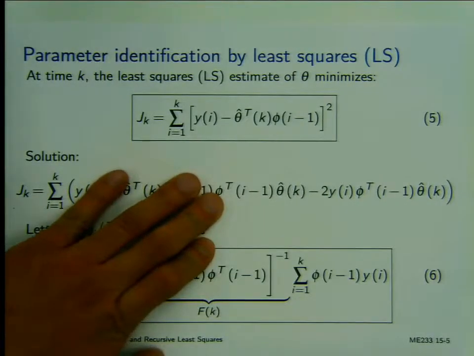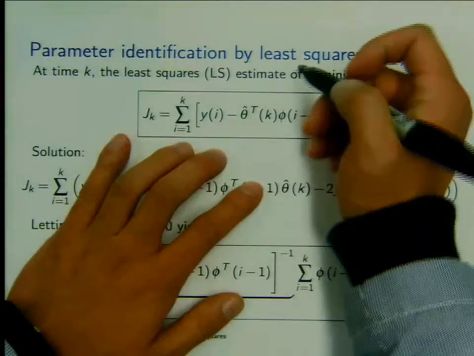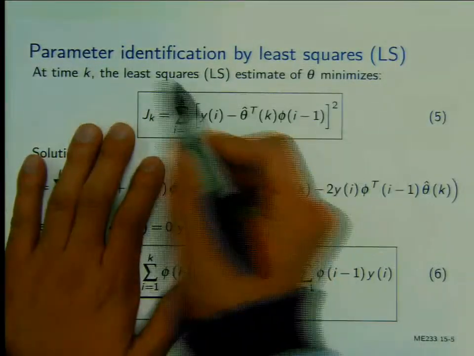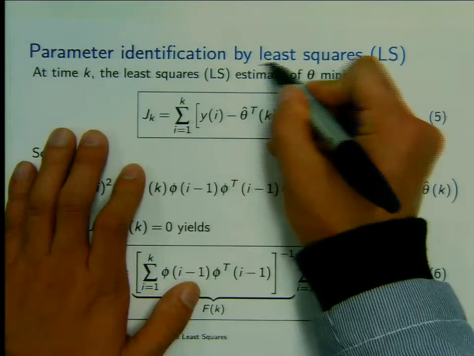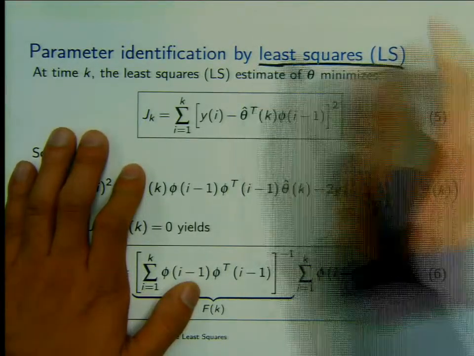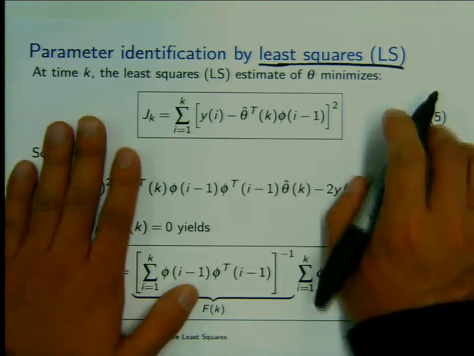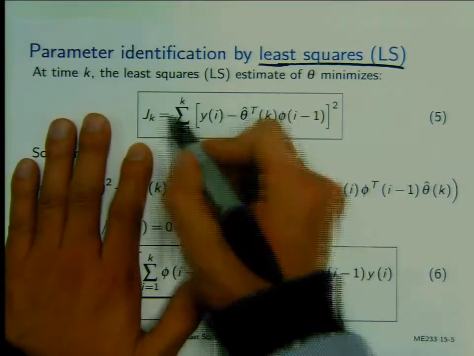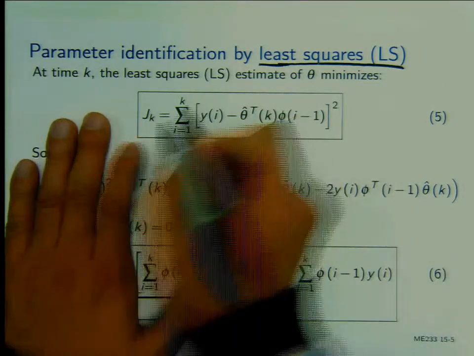Okay? The simplest way of doing plant parameter identification is to do least squares. But this is not the only way. This is the simplest way to start with. It works on this performance index for these squares. You see, pay attention to the notations here.